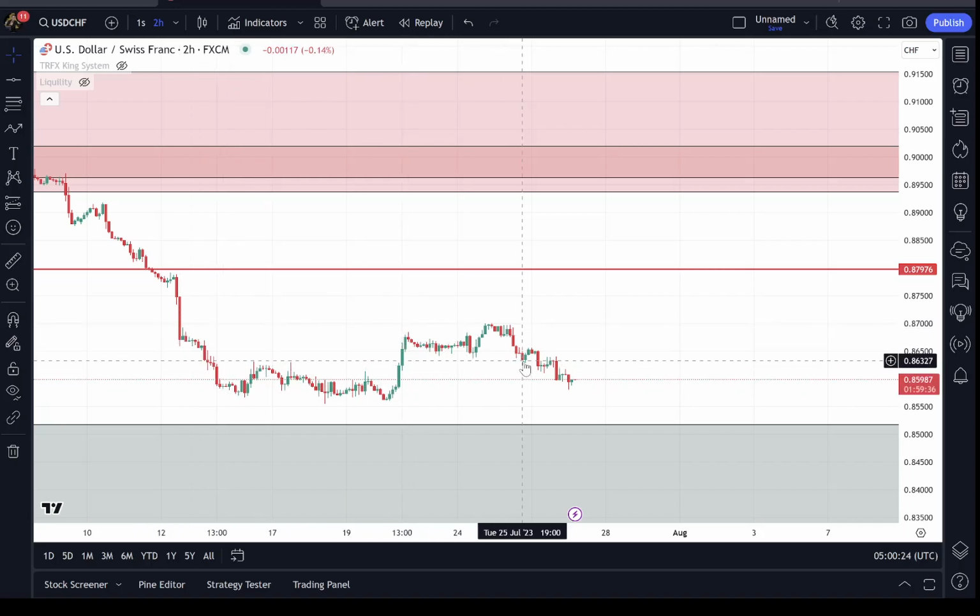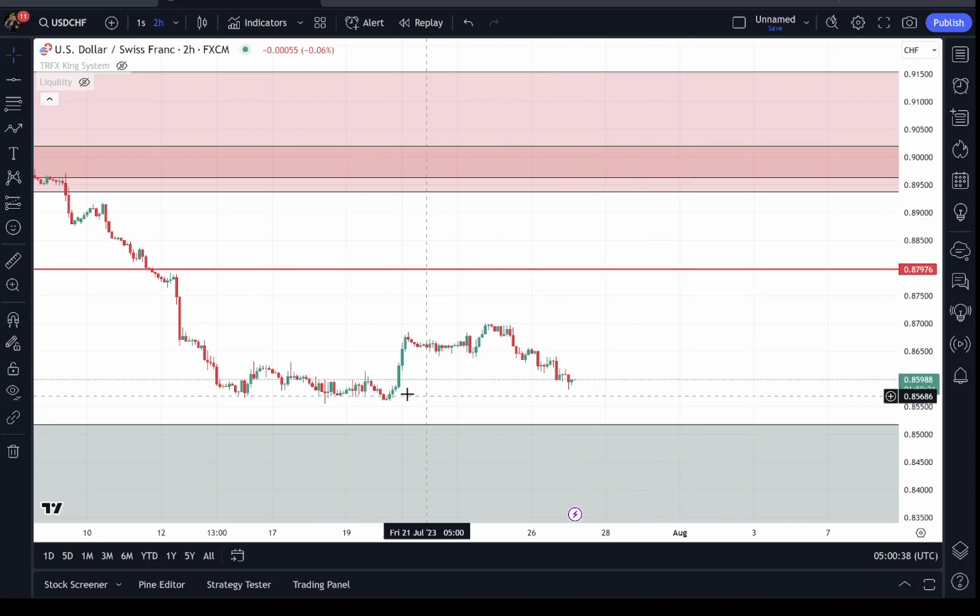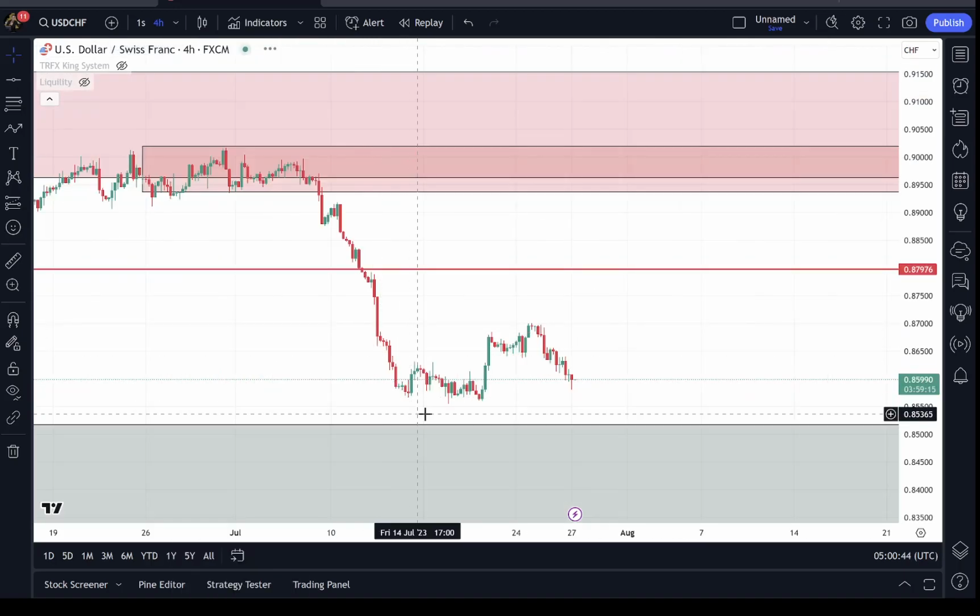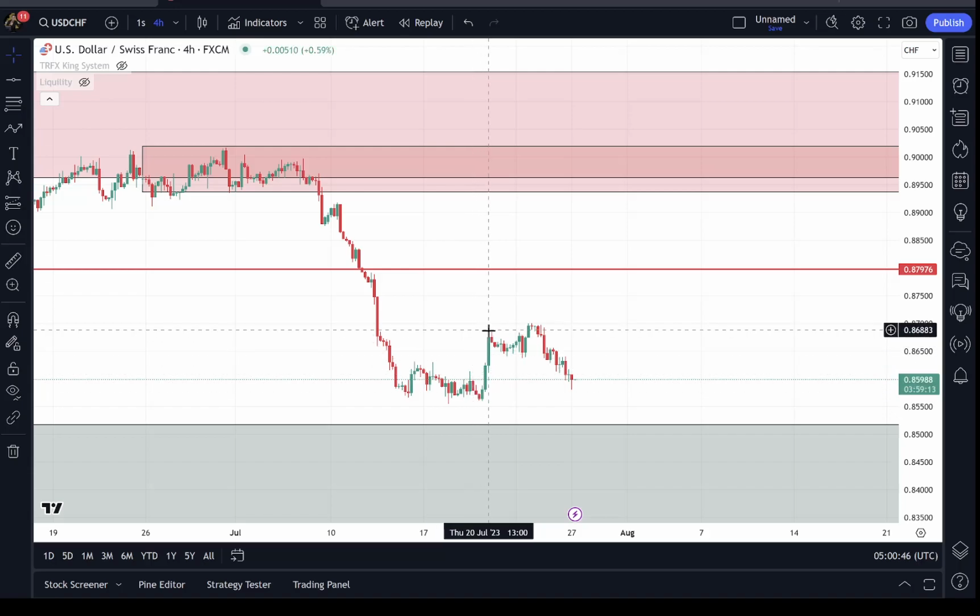It pops, it drops, then comes up, drops a new low, buyers come back in again, pops a new low, buyers come back in again, pops a new low, buyers have already started to come back in. So this is clearly indicating at this area here, we have had on the 4-hour charts where we had this institutional buying last week, that this would be a good area to get back in.